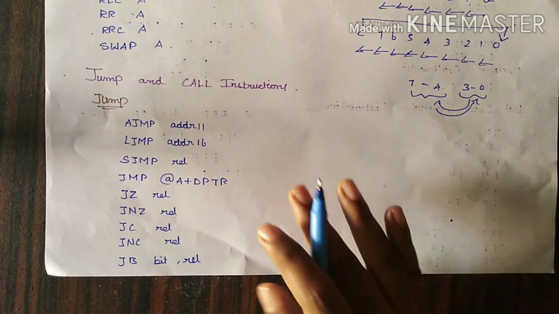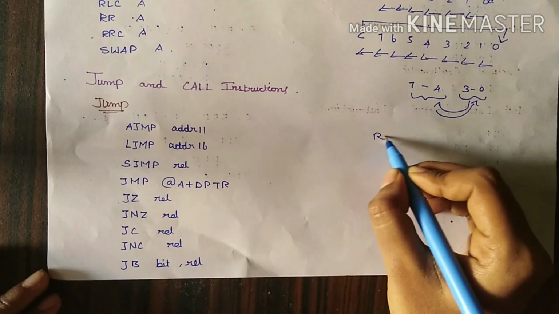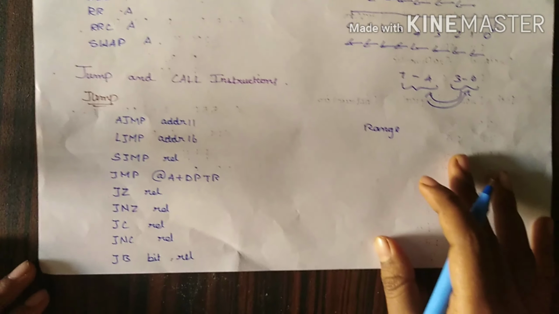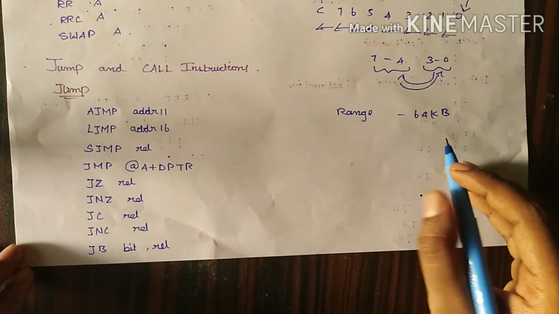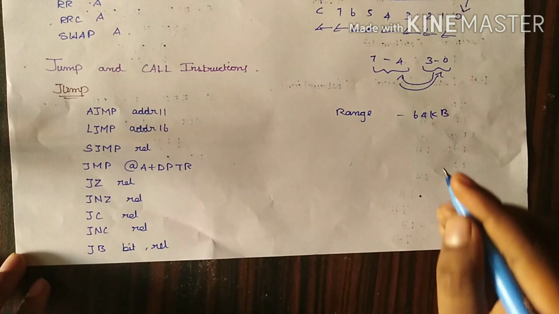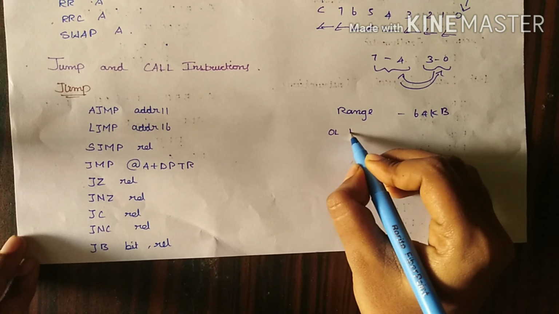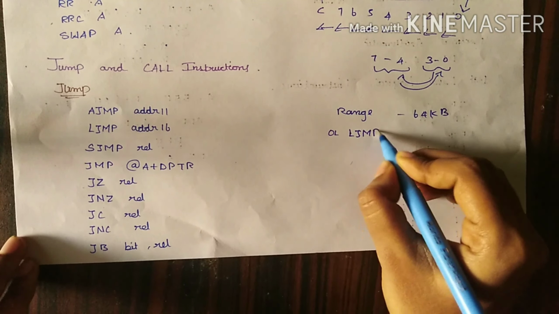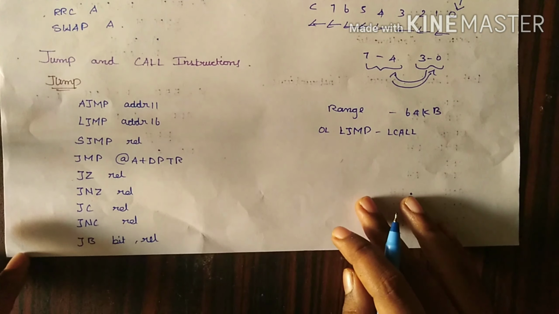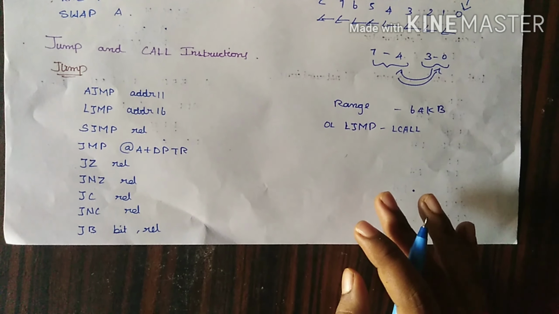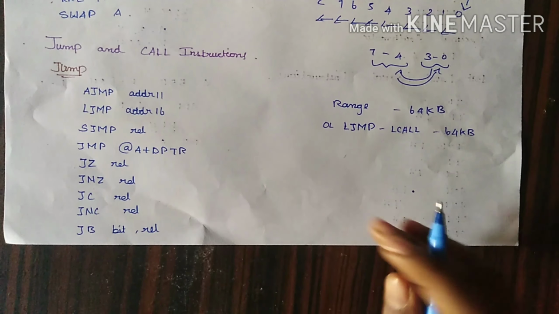Before getting into that, let us see the jump and call program range. Now we have 64 kilobytes of external program memory in 8051. So on long jump, that is LJMP, and long call, the range will be the whole 64 kilobytes of memory.